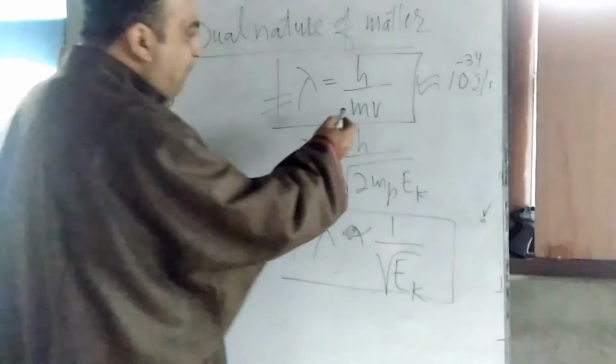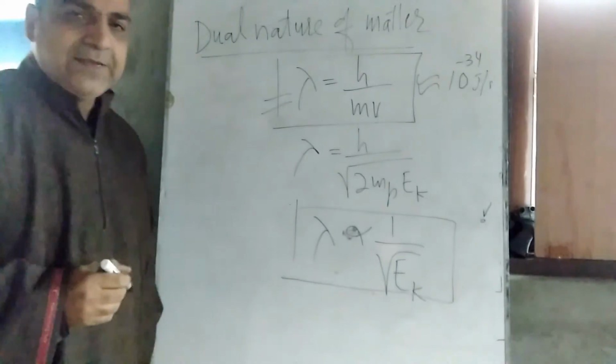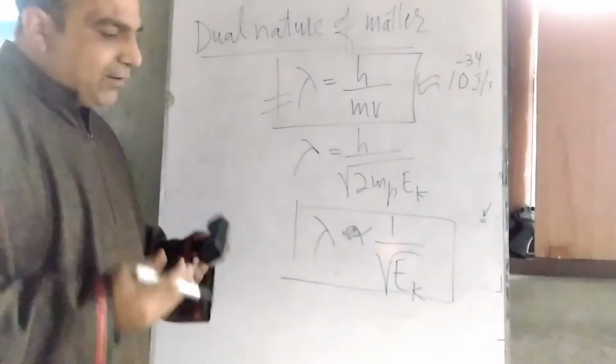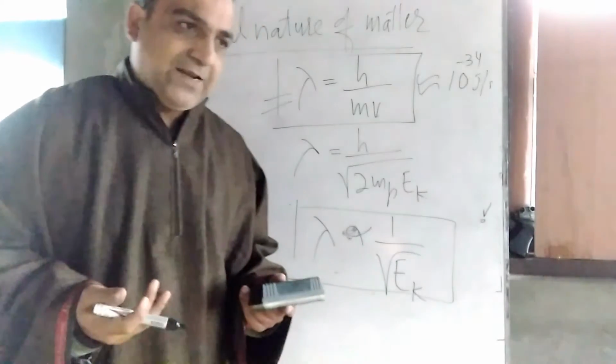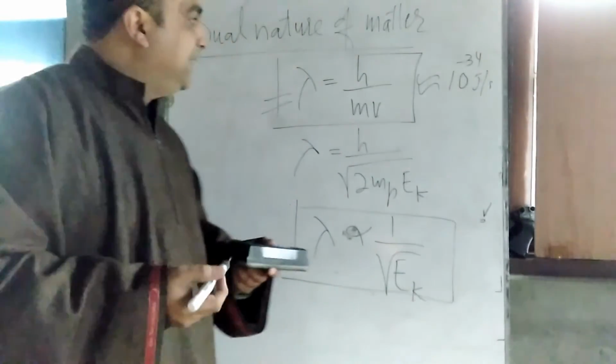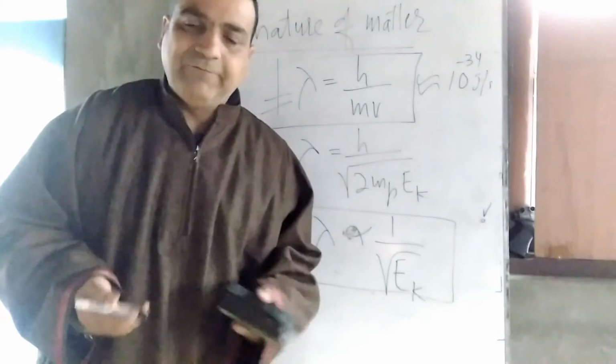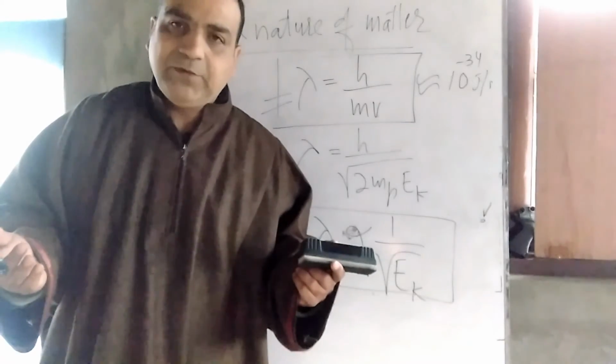That means if the mass is large, then the wavelength will be very small. For macroscopic bodies like this duster or a pen or a ball, the measured wavelength will be extremely small.